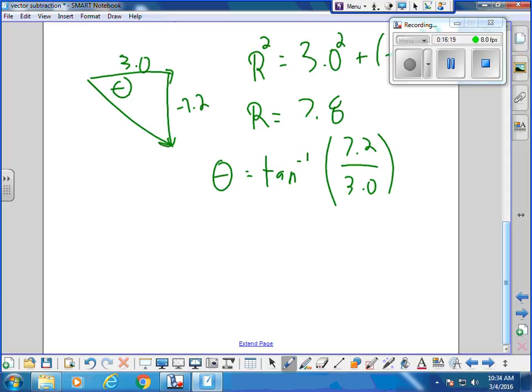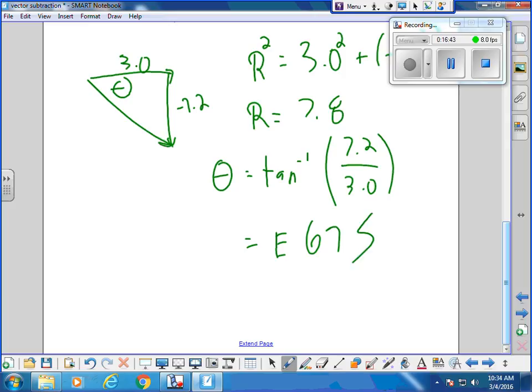Good question. What's the answer here? Okay, so we'll say 67. And what are my directions? It's so easy with components because it's east. It's just east. 67 down is south.